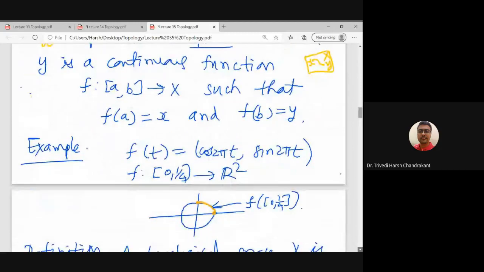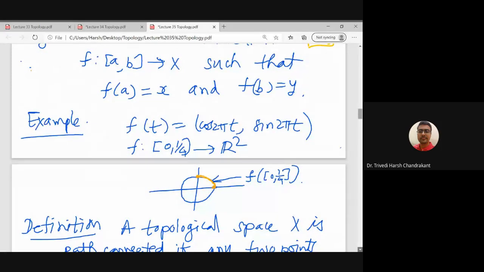If I consider f of t, which is a function from the closed interval 0 to 1 by 4 to R2, defined as f of t to be (cos 2 pi t, sin 2 pi t).